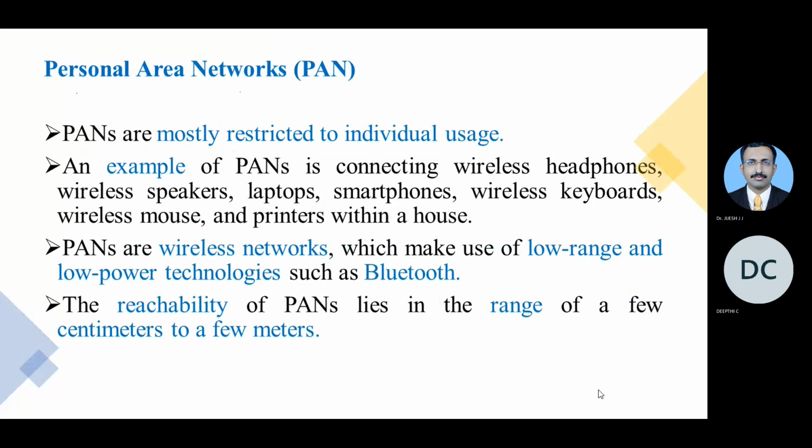Okay. The reachability of PAN lies in a range of few centimeters or few meters. As we have told, it can be maybe a 10-meter radius or so. Beyond that, what will happen? For example, if you take a mouse and go far, you cannot do the operations in the computer.